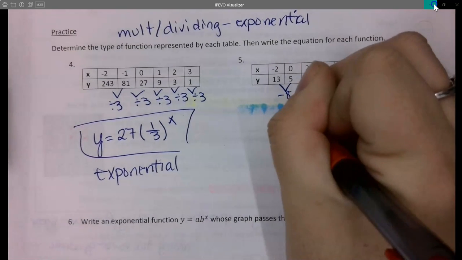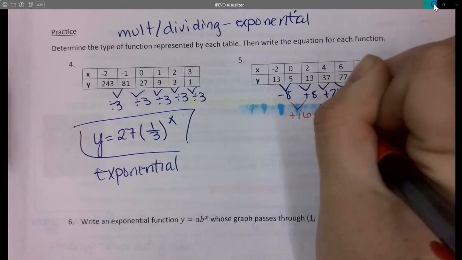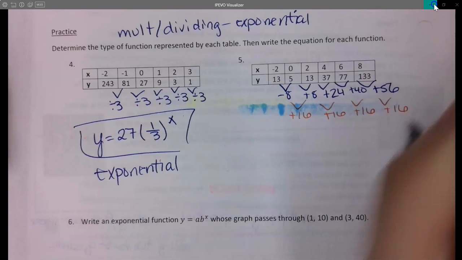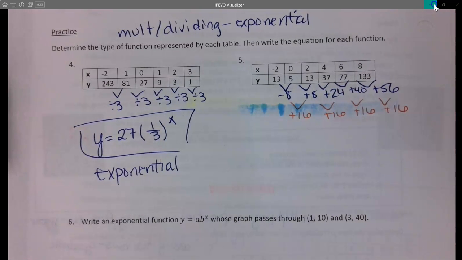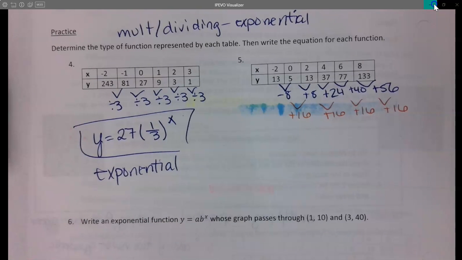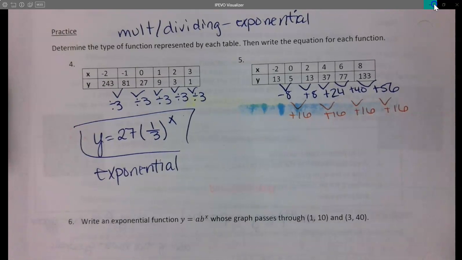This one I'm adding 16, 16. Because just like this one where I can add and subtract as long as it ends up being the same. So this one, it took me 2 tries.